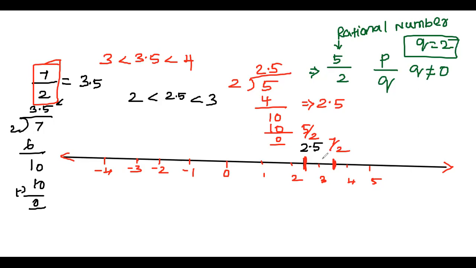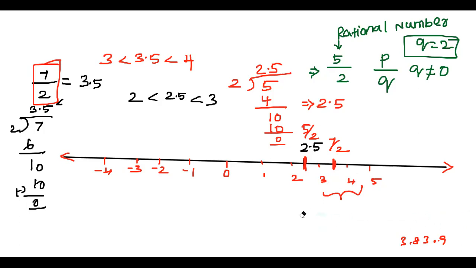Do you understand this? Yes, ma'am. See, it is 3.5. So 0.5 means you will mark it in between 3 and 4. Between 3 and 4, you have 3.1, 3.2, 3.3, 3.4, 3.5, 3.6, 3.7, 3.8, 3.9. After that, you will have 4.0. So you'll have this many numbers in between 3 and 4.